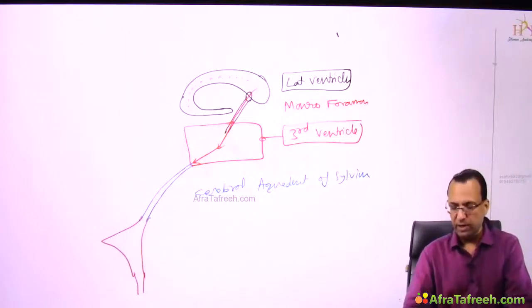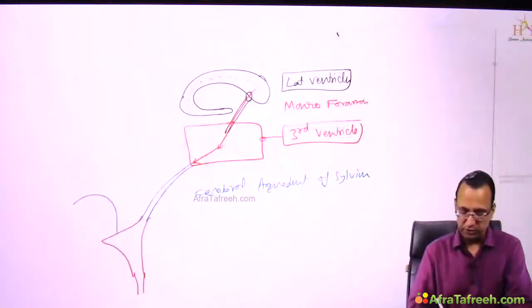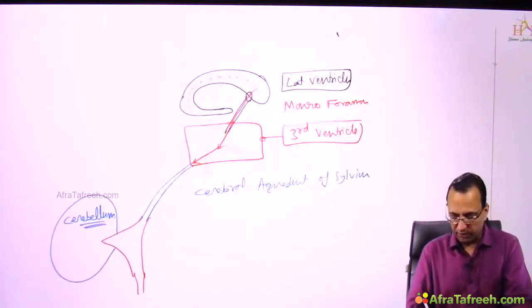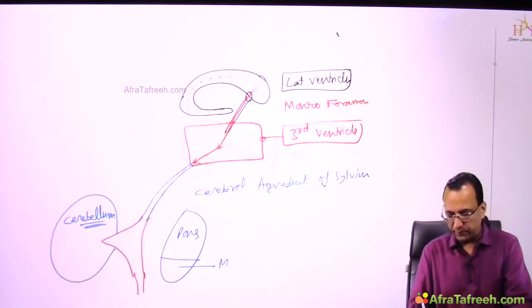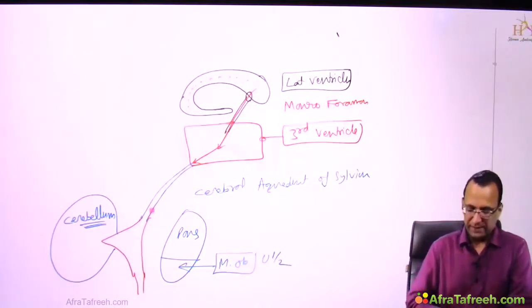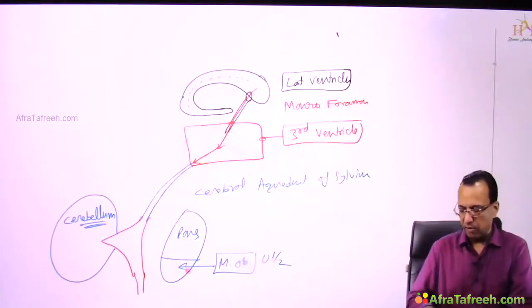It is sandwiched between a structure which is posterior, the cerebellum, as the roof of the fourth ventricle, whereas the floor is the pons, and not only the pons but also the upper half of the medulla oblongata.